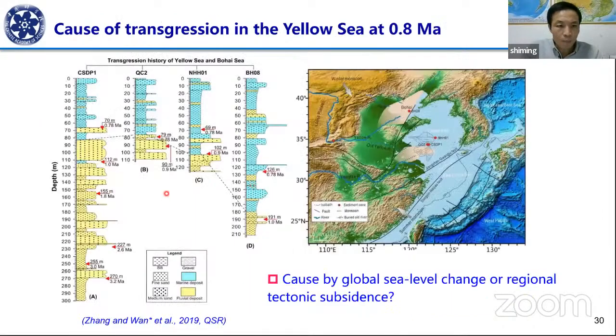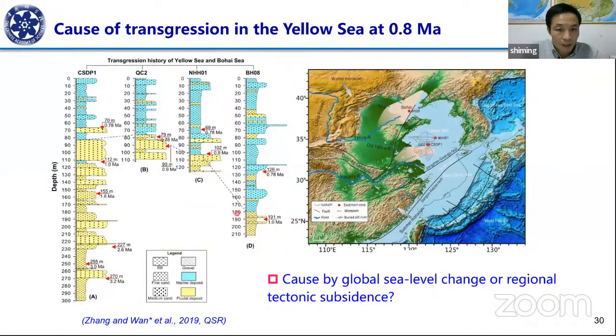So we compare this site with other cores. We don't have many very long-term sediment cores, but they can still be compared. QC2 and NH01 are from the South Yellow Sea, and BH08 is from the Bohai Sea.